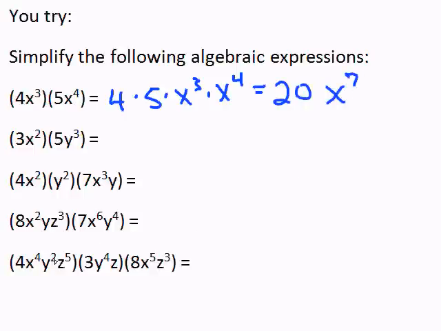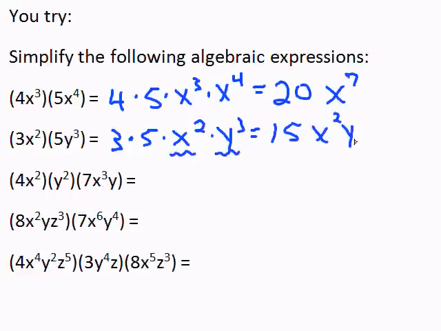Okay, second example, 3x squared times 5y to the third. We can rewrite that as 3 times 5 times x squared times y to the third. 3 times 5 is 15, and different bases, so it's just 15x squared y to the third. Can't add the exponents because the bases are different.